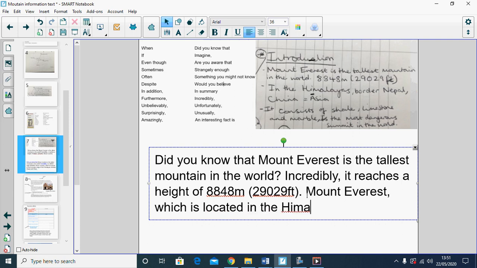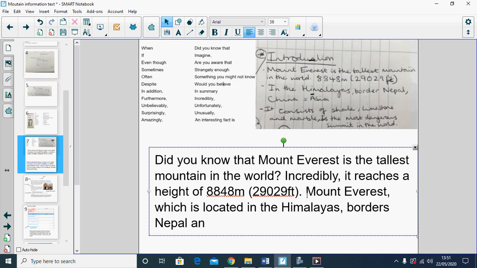Again, proper noun, capital letter. Which is located in the Himalayas, comma, borders Nepal and China, fab, and I'd probably go back and see if I can put the fact it's in Asia maybe there.